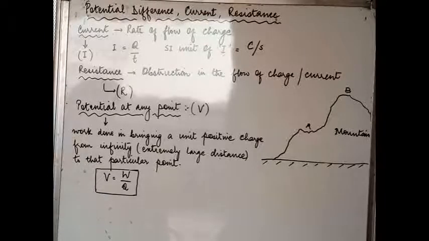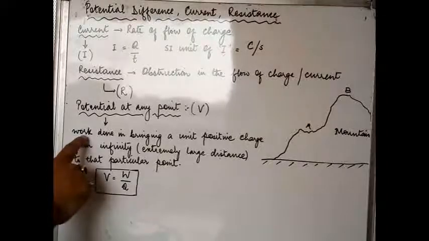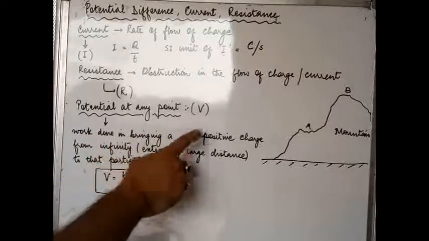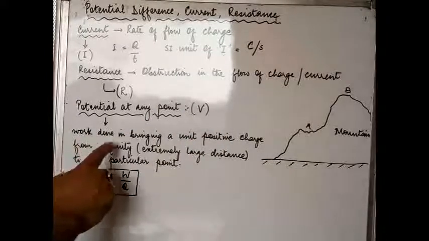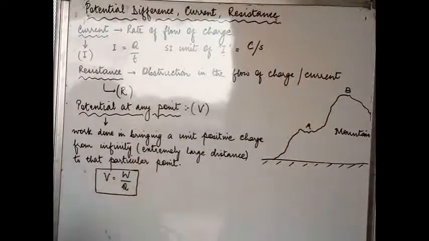Now let us come back to potential. Potential at any given point in a circuit. Now what is that? The definition that your book says is potential at any point is the work done in bringing a unit positive charge from infinity, which is like an extremely large distance, to that particular point.